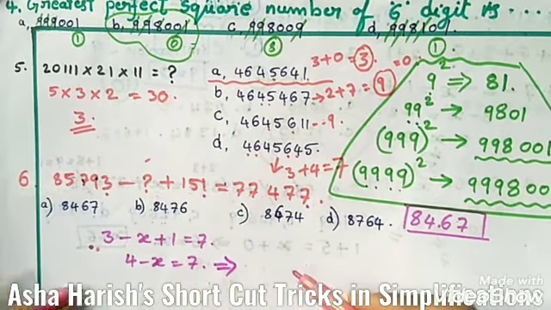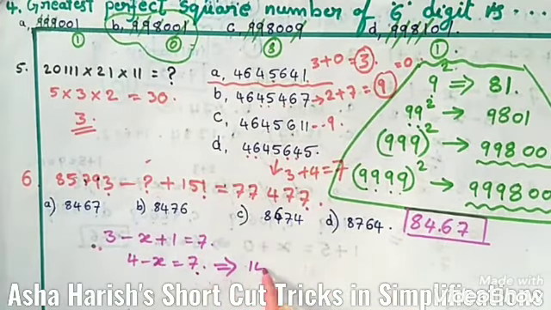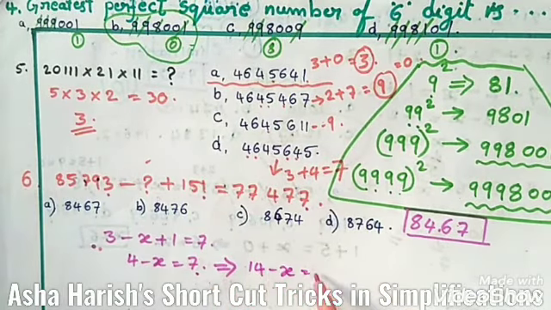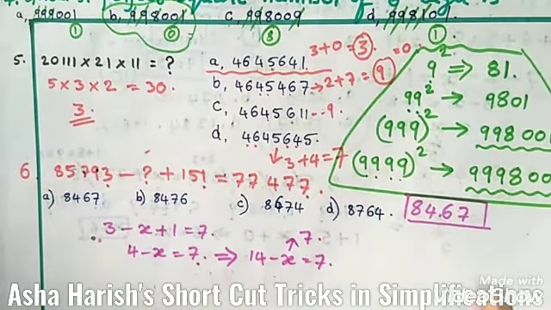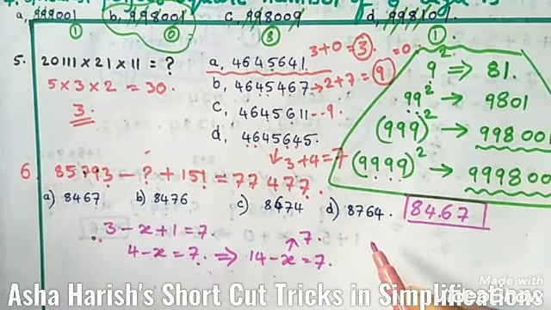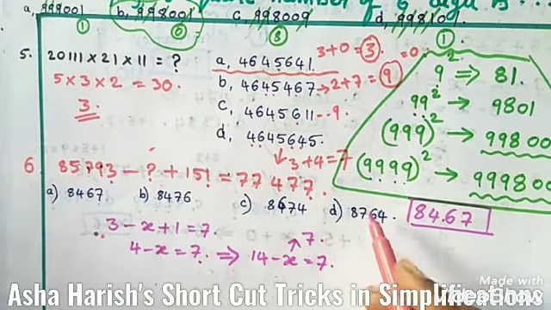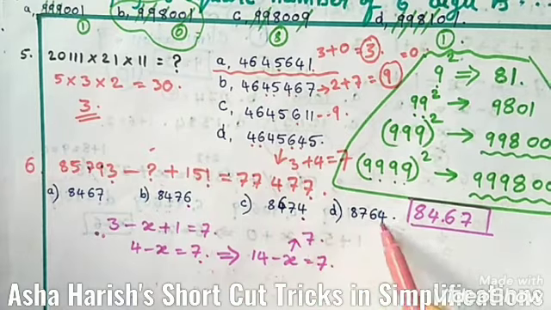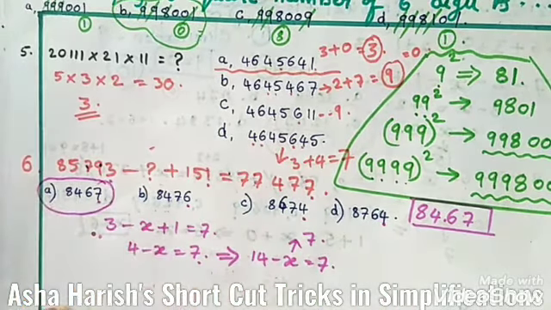From this, suppose here if you get 7, you need to do 14 minus x is equal to 7. In the place of x you can take the number 7. Okay, now coming to the options, if you see the ones place, that means units place, here 6, here 4, here 4, here is the 7. So this is the correct answer.